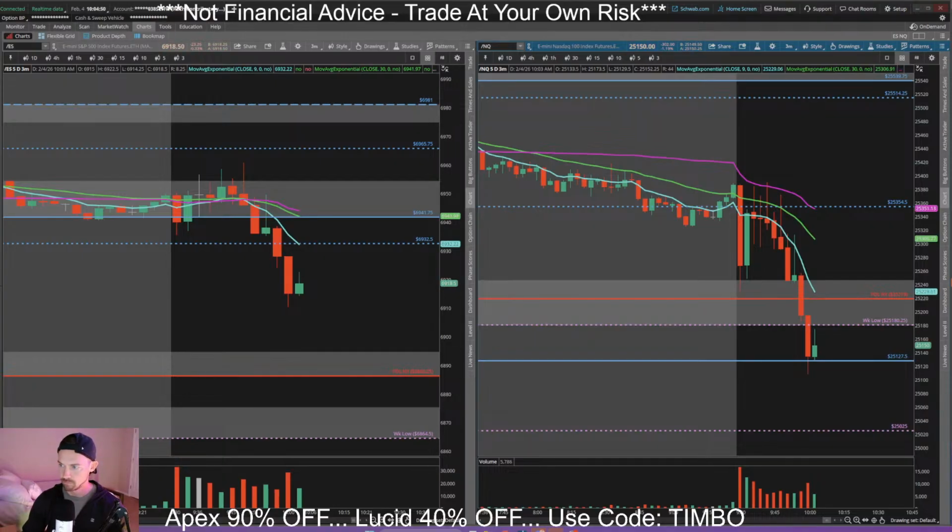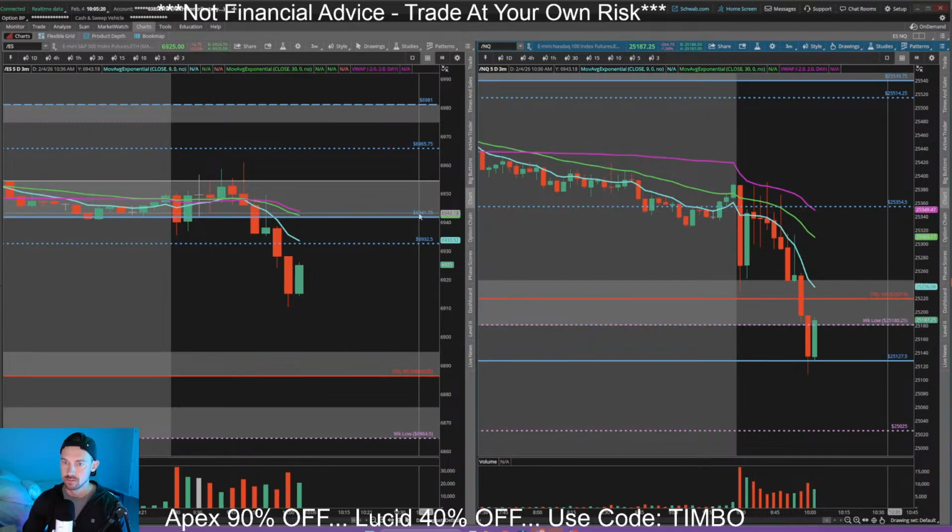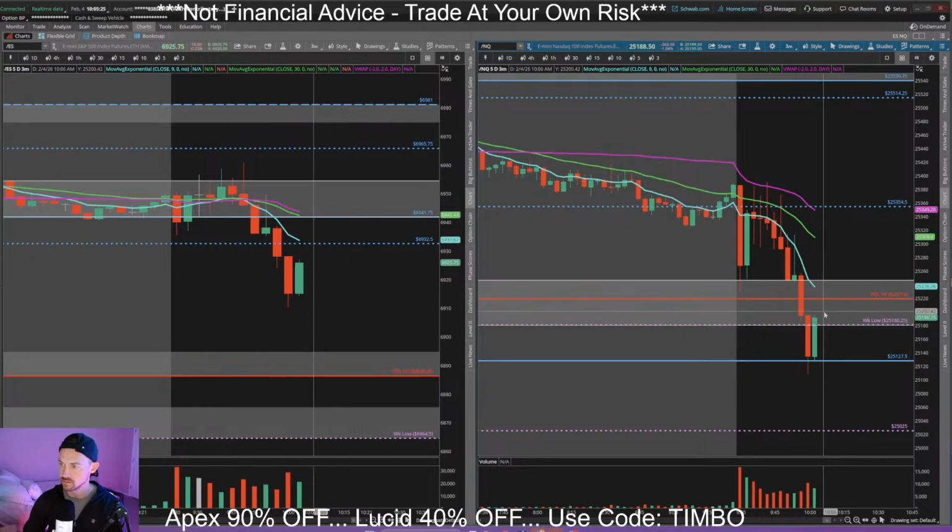Still kind of holding up. Another minute on this 3-minute candle. All right, pushing up to this week's low on Nasdaq here. Maybe we'll get a previous day low retest.